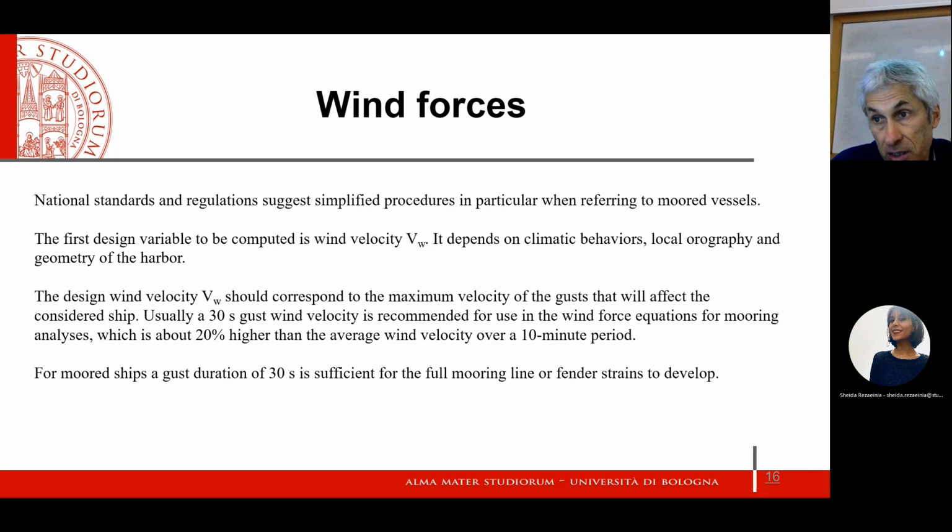So here you read that usually we are recommended to use a 30-second gust wind velocity, which means that if you have data that are recorded over a 10-minute period, which means average over 10 minutes, then in order to scale down from 10 minutes to 30 seconds, you should increase the max wind by 20%, which means that the gust coefficient is 1.2.